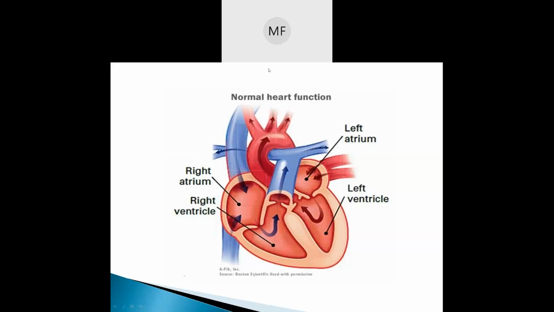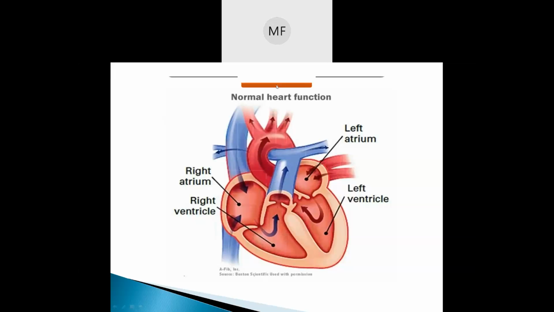As the pulmonary valve is good, the right ventricle pumps blood through the pulmonary valve.